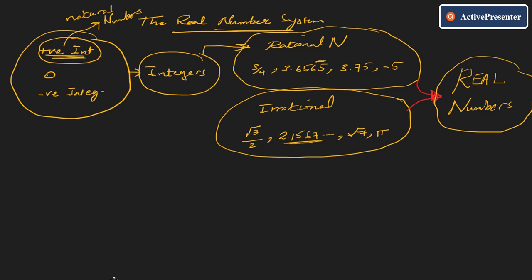Again, the real numbers are rational and irrational. It can be integers, positive integers, 0, negative integers, or square root of 3 over 2. Any number you face here is a real number.